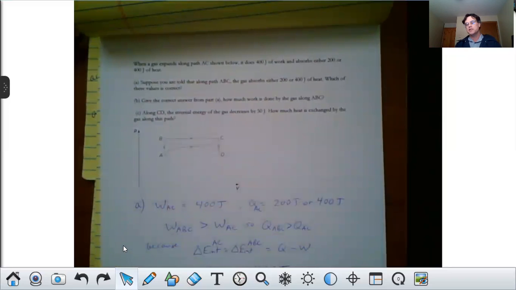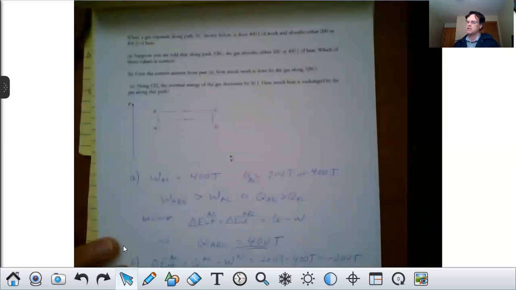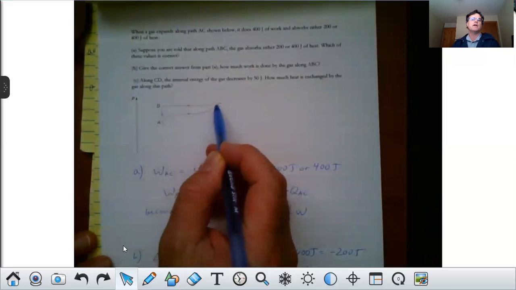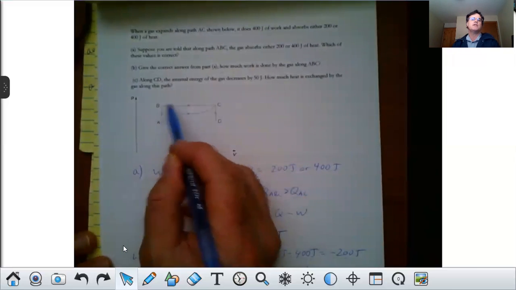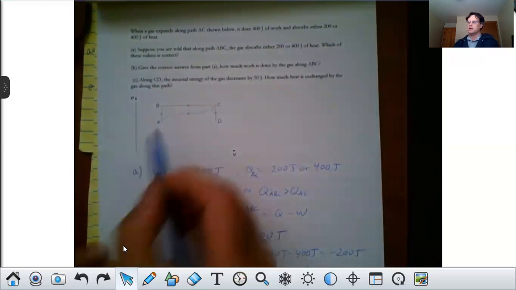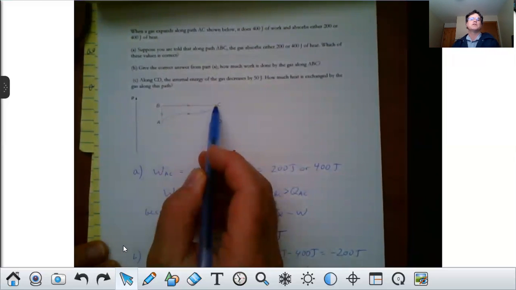Now, if the work is greater, that also means that the heat must be greater. The reason for this is that when you look at the internal energy change of the gas, it's going to be the same along path AC or ABC. The internal energy change is independent of the path. It only depends on the initial and the final points, right?